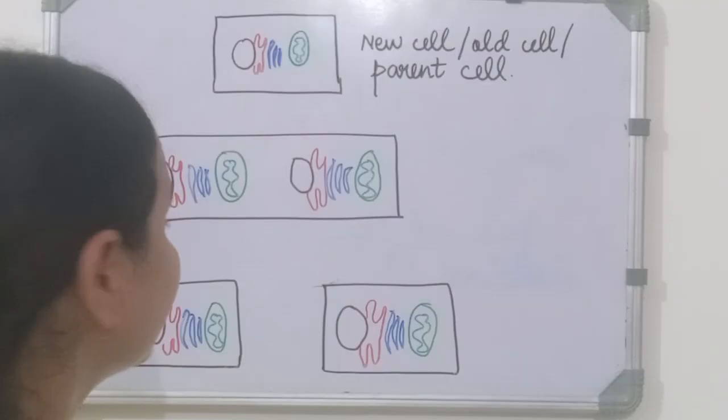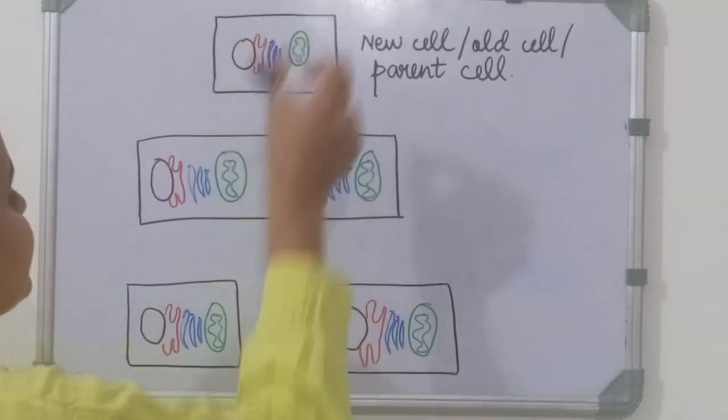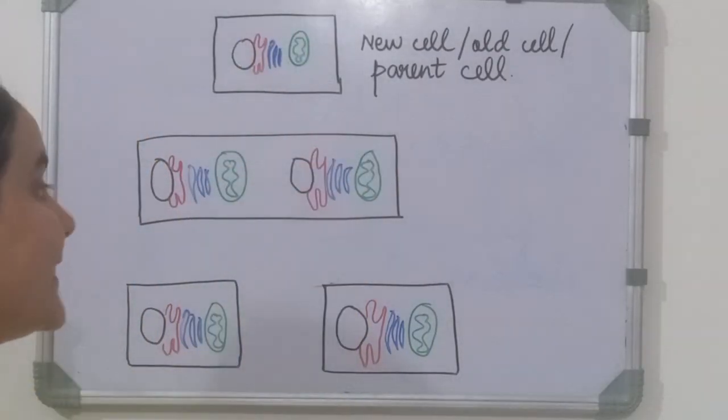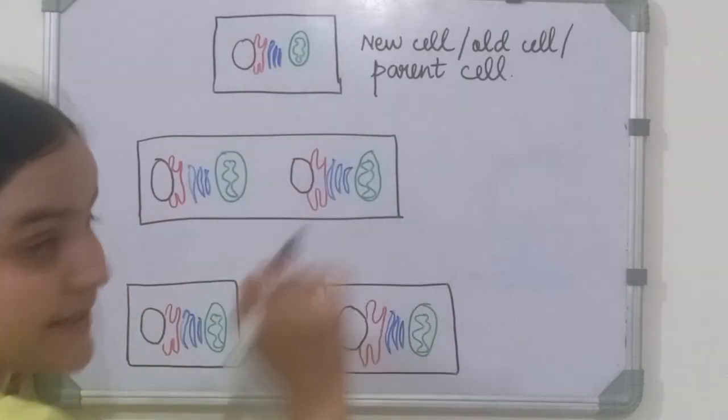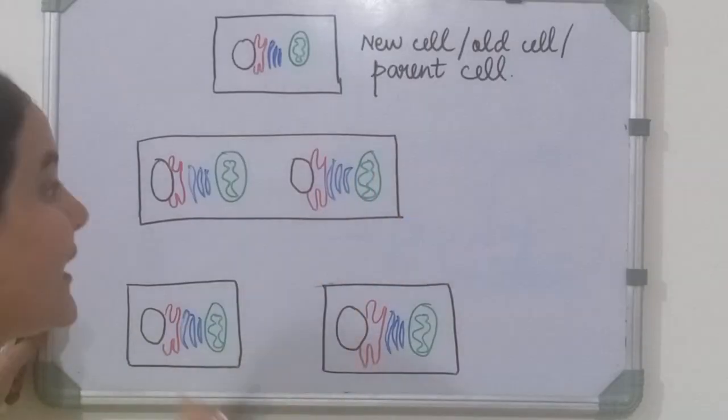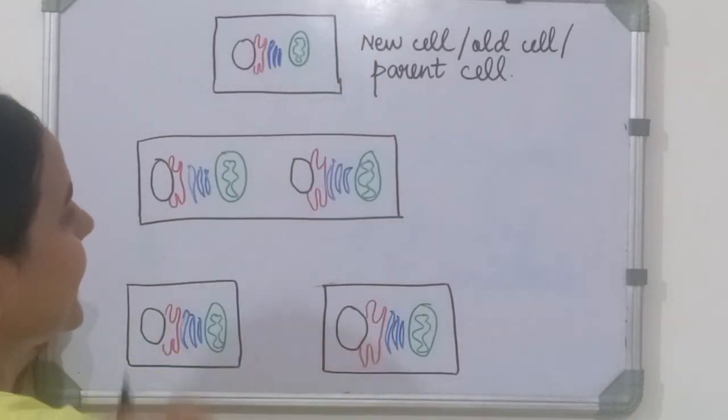So here you can see that these organelles have duplicated, and what has happened? This cytoplasm has also increased. It has grown.